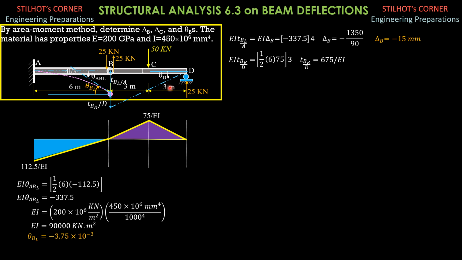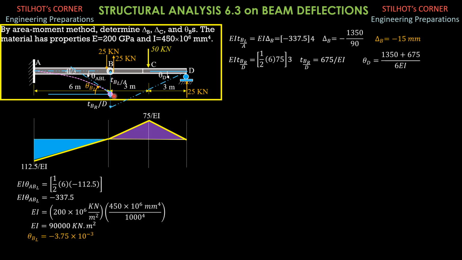So this is theta D, and this is also theta D. So theta D is 1,350, the deviation of B left relative to A, plus the deviation of B right relative to D. 1,350 is treated positive because theta D is positive as explained earlier, counterclockwise rotation, and that is positive slope, of course.